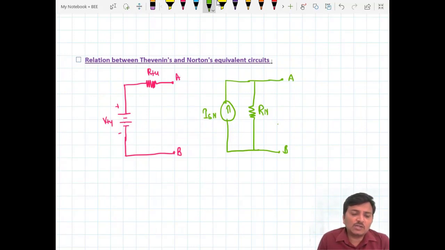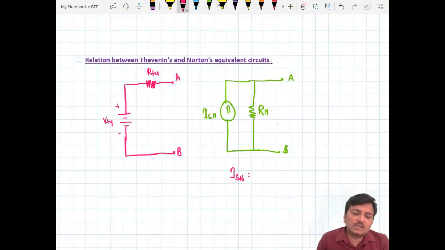Now we will find a relation between Thevenin's and Norton's equivalent circuits. If the Thevenin's terms are known, I can very easily find the Norton's equivalent circuit.